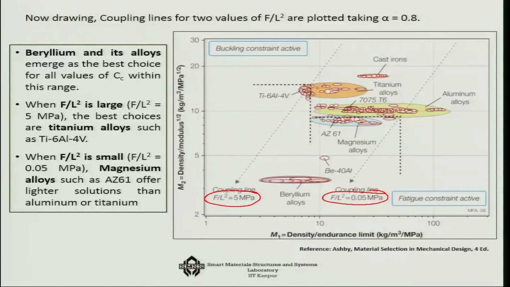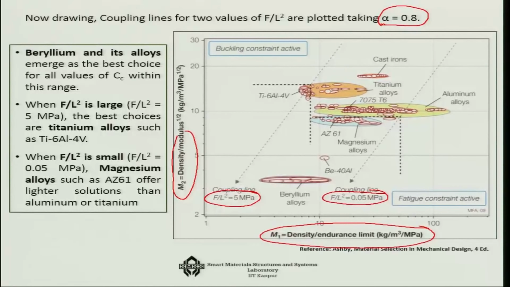And now the plot is such that, instead of working on each individual plot, we are now plotting M1 against M2. So M1 and M2 are coming into picture now, the material property indices directly. That means M1 equals some constant times M2, and that constant for two values of F by L square are plotted, considering alpha equals 0.8.